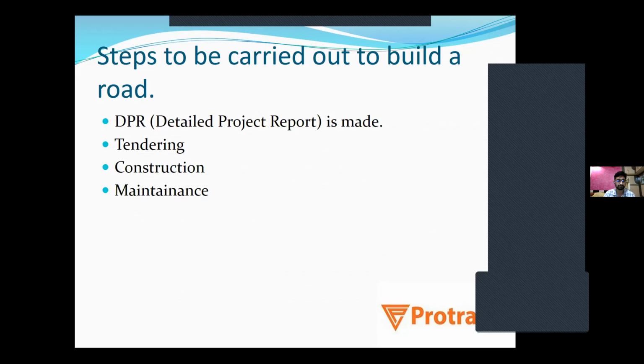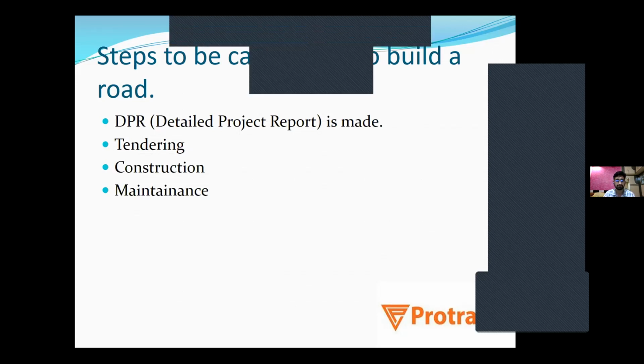Then after that, tendering is done. After tendering, whoever is the lowest bidder is appointed for construction of that particular project, and after completing the construction, the maintenance period starts.